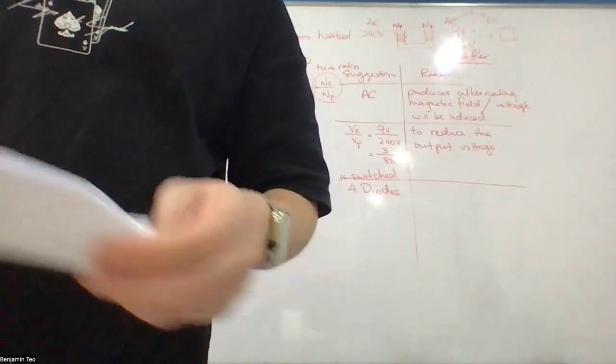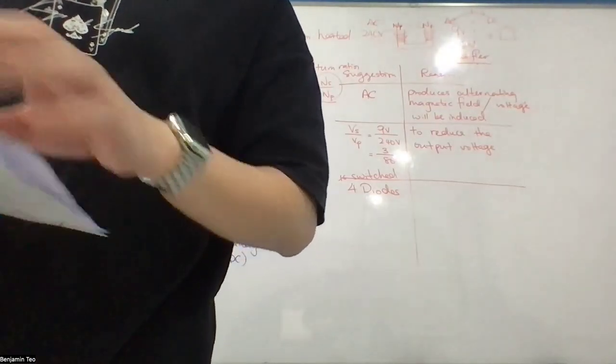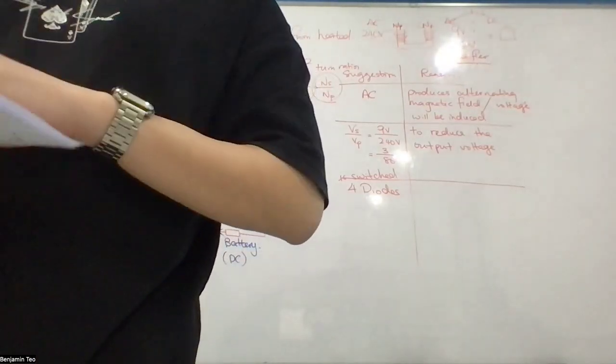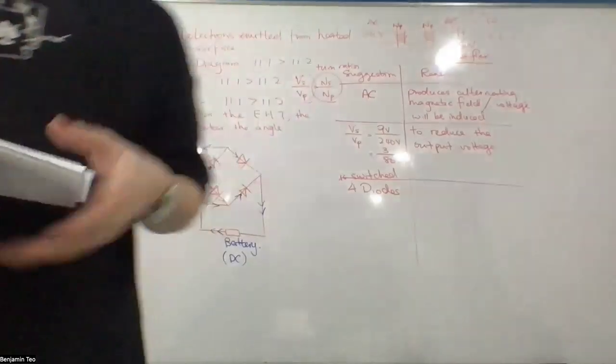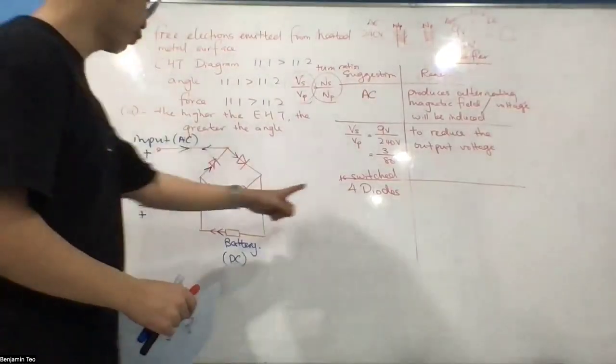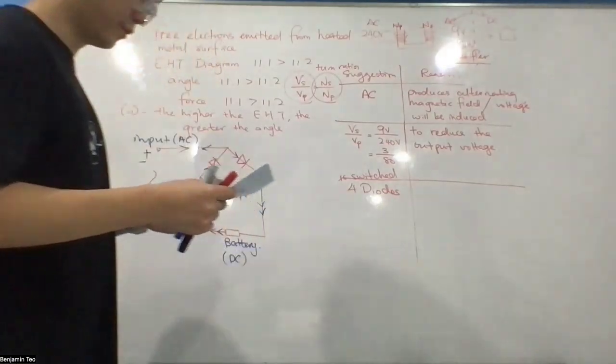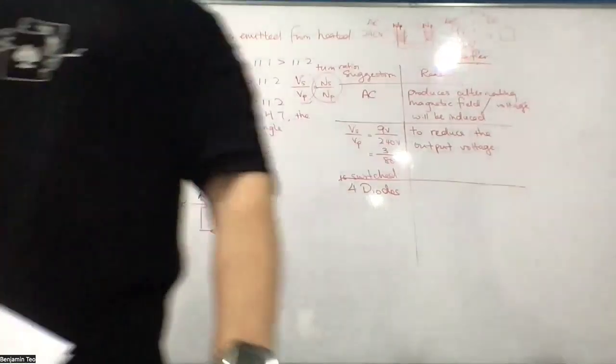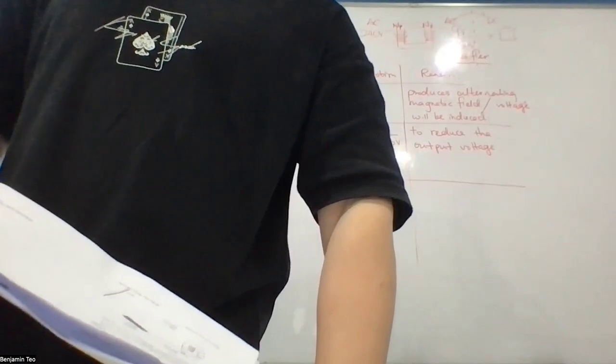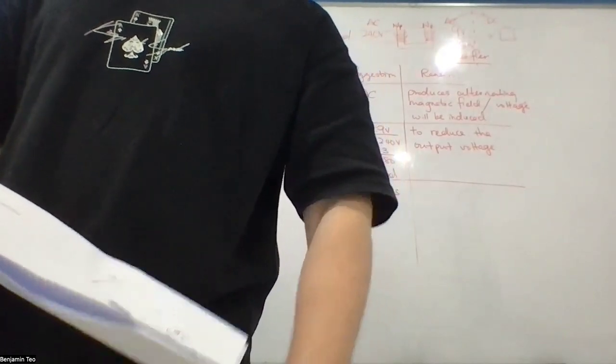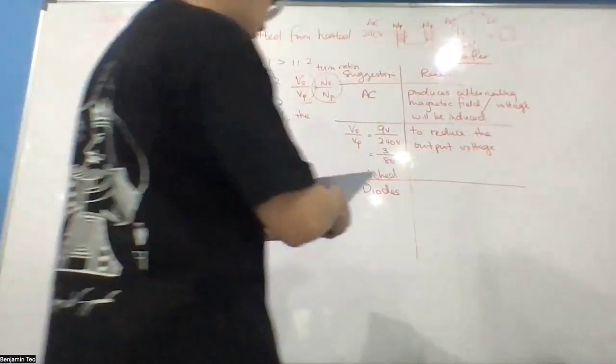AC cannot charge an object. This battery can only receive DC. Right, so that is the 4 diodes. Reason: you say to convert AC to DC.